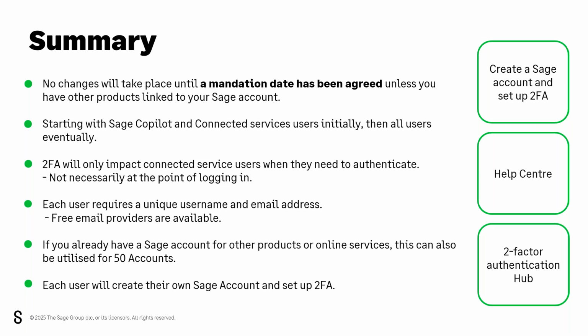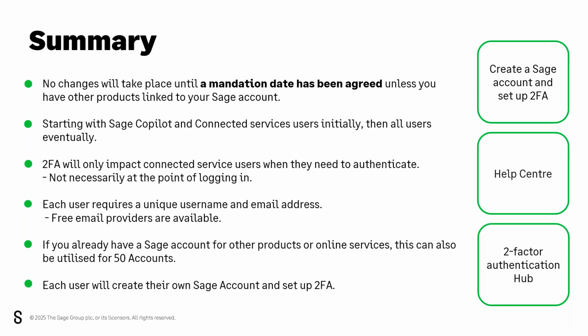Again, we're starting with Sage Copilot and connected service users initially, then all other users eventually. 2FA will only impact connected service users when they need to re-authenticate. So again, not necessarily going to be at the point of logging in. Each user requires a unique username and email address.